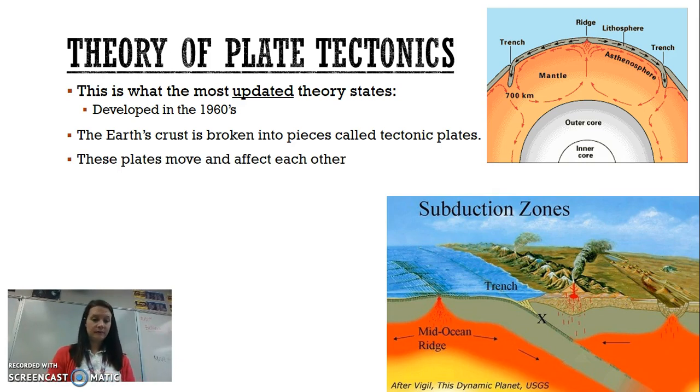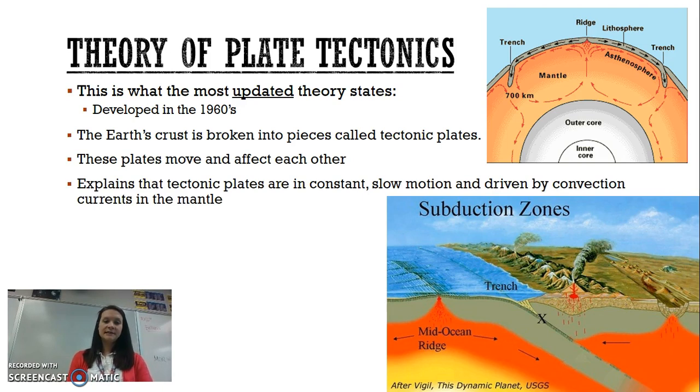And the plates move. This theory explains that they move and that they affect each other because of that movement. So when two plates are moving away from each other, that's going to cause other two plates to then collide or slide past each other. This will all create different things because of this movement.